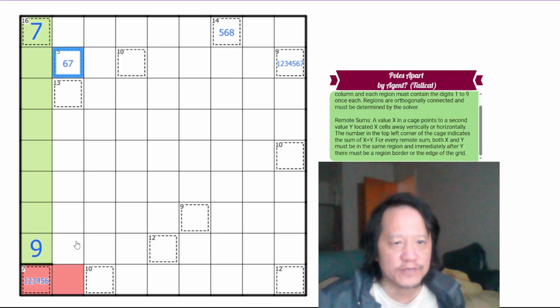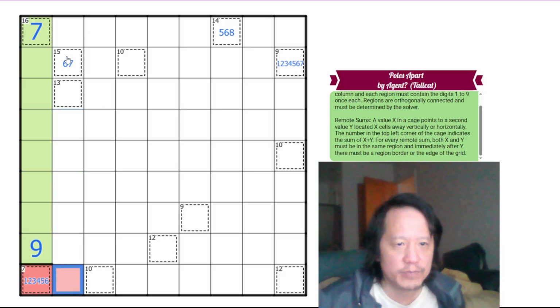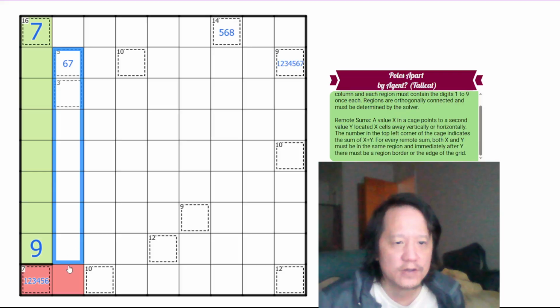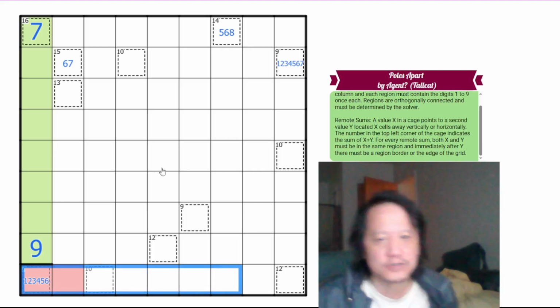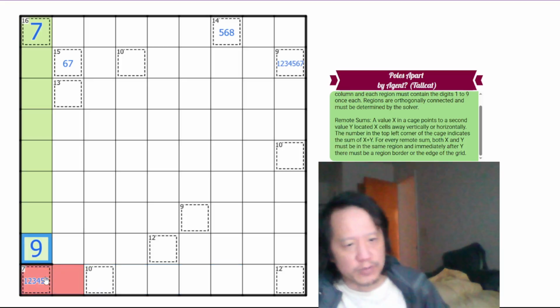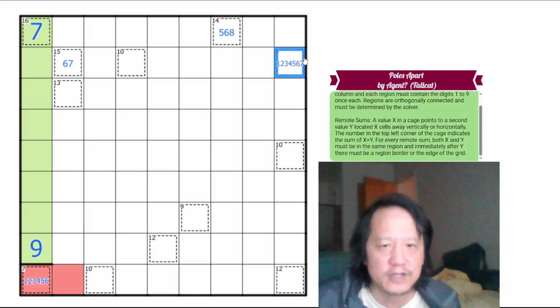If this is 7 and this is 8, the problem is this has to be a region by itself, right? 1, 2, 3, 4, 5, 6, 7 plus the 8th and 9th. And then this does not add up to 7 with another digit in its region, which it has to. Because it would be 1 at minimum and 8, which adds up to 9. So this cannot be 7 either way.